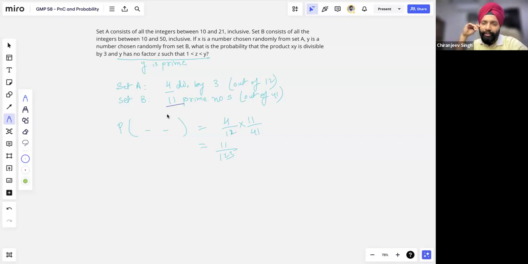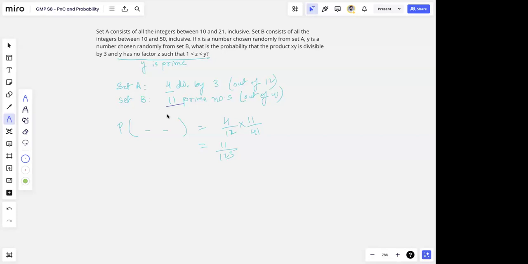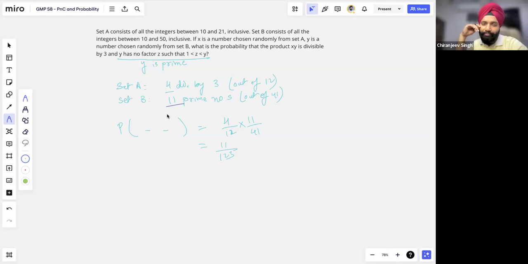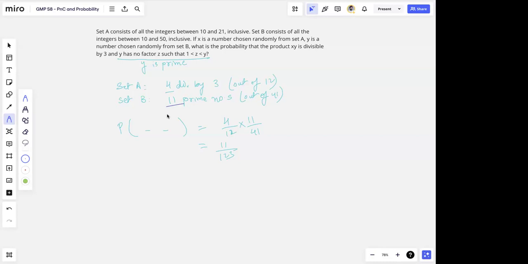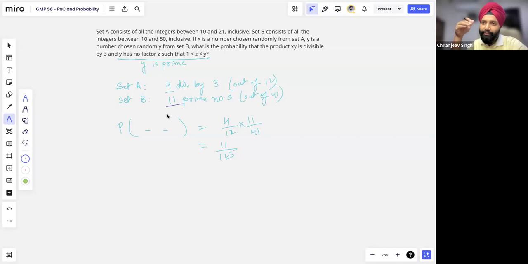Let's not talk about it again. That is the probability we need to calculate. So we will just select from those prime numbers. So only 11 are favorable cases for us because we need to ensure Y is prime, right?